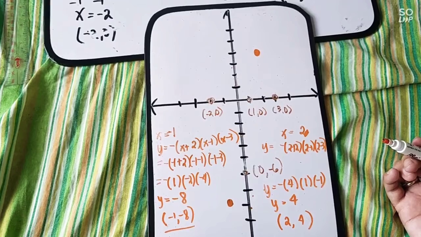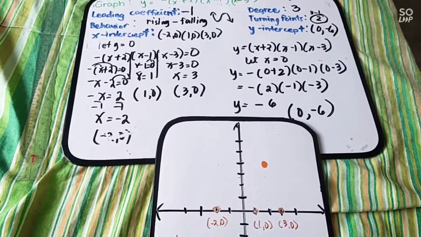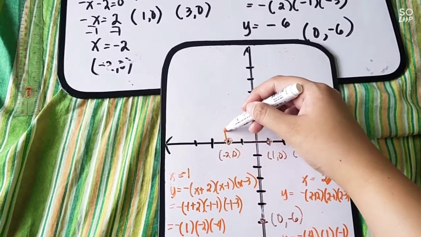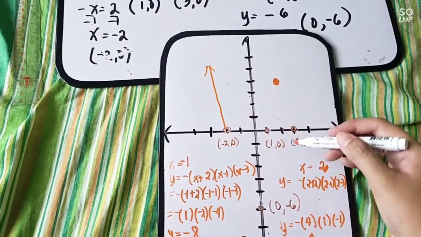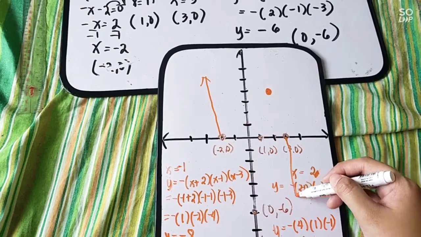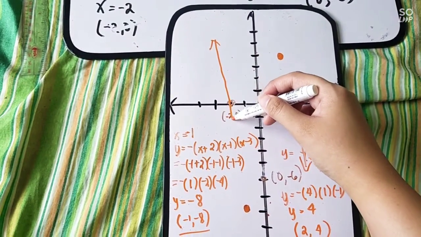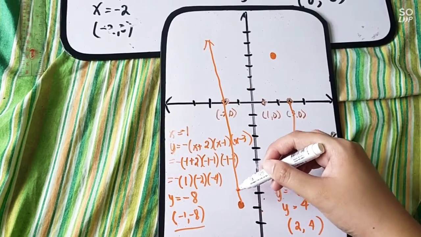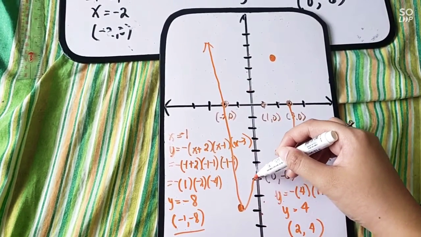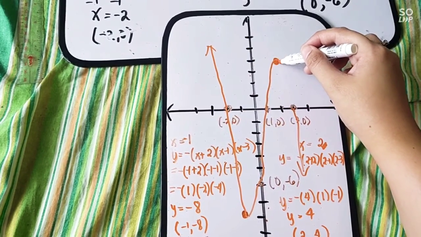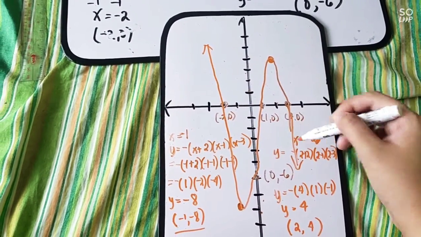Then, we said that our behavior earlier is rising and then falling. So it rises here, and here it is falling. Since we have this one, go here, then graph it going up to (1, 0). Going up here, then come back down.